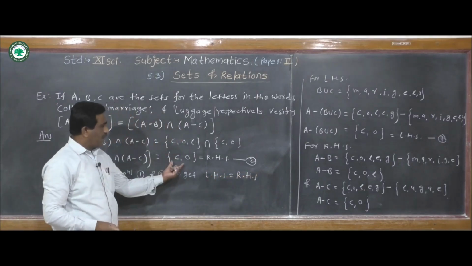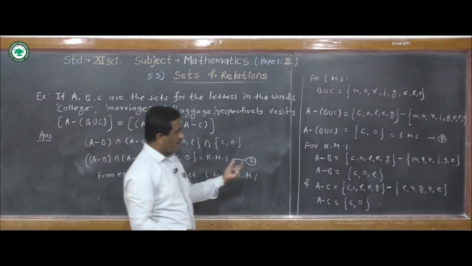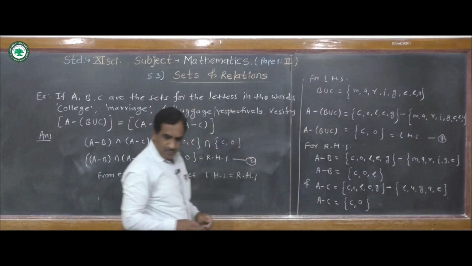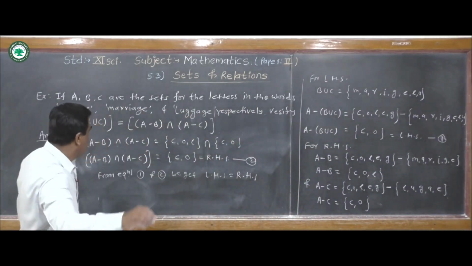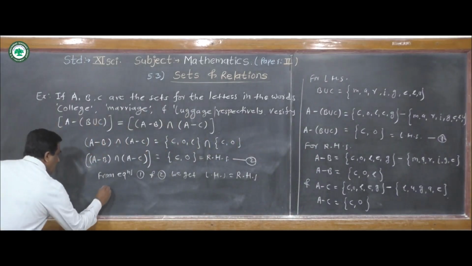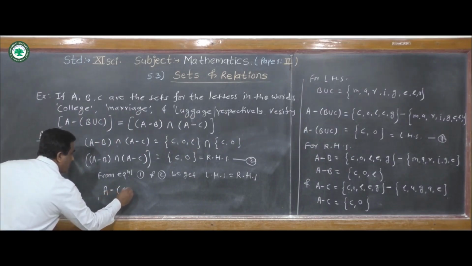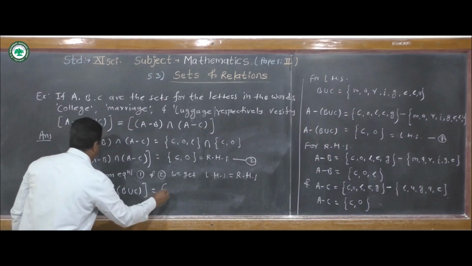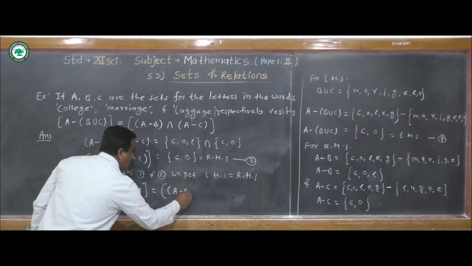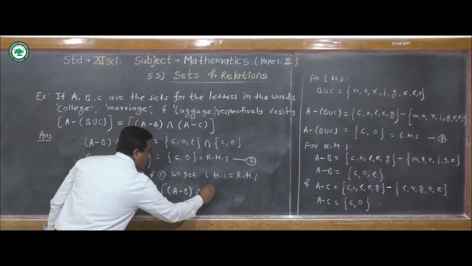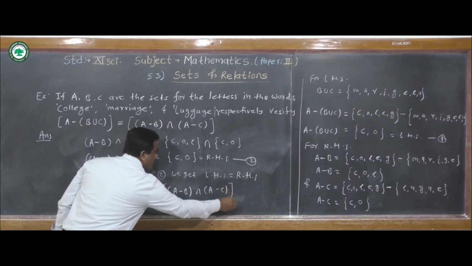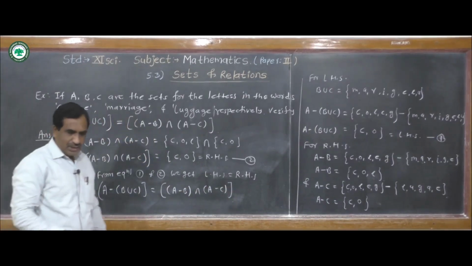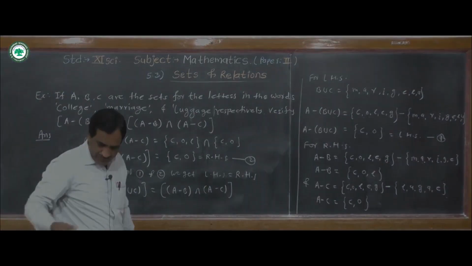Okay, curly bracket C, O, here also in curly bracket contains only two elements C, O. Therefore, we can write here A minus in bracket B union C is equal to, in square bracket, in open bracket A minus B intersection A minus C. We have verified this. Okay, now we see the next example here.